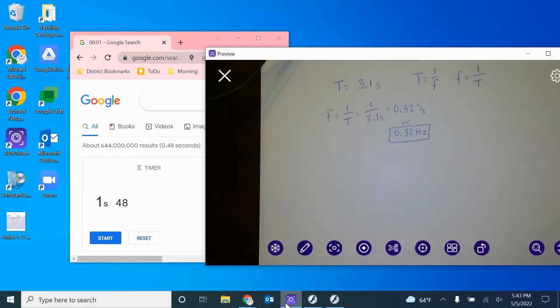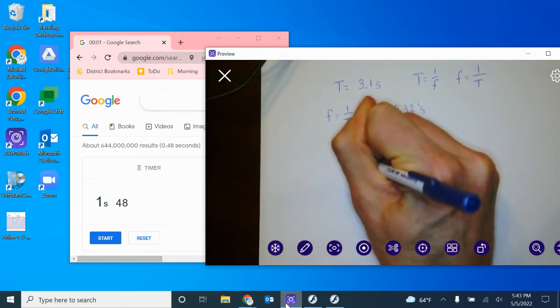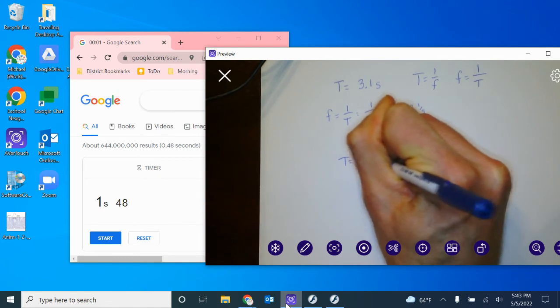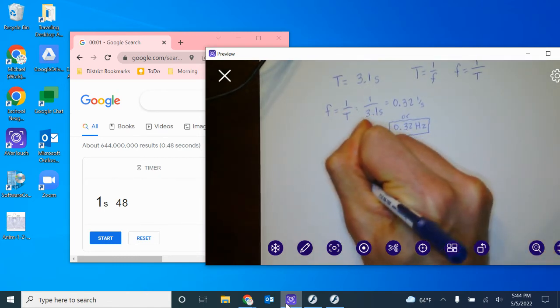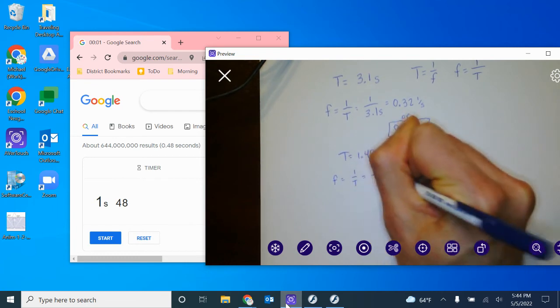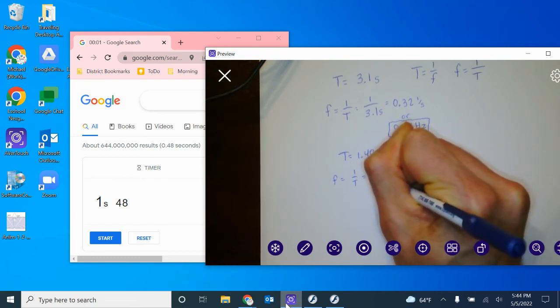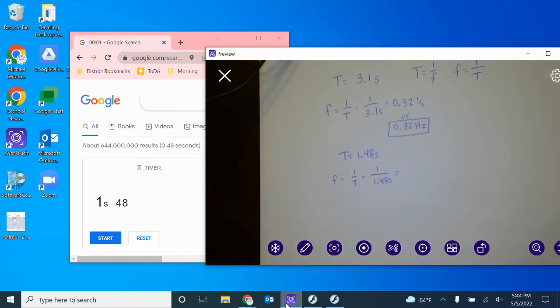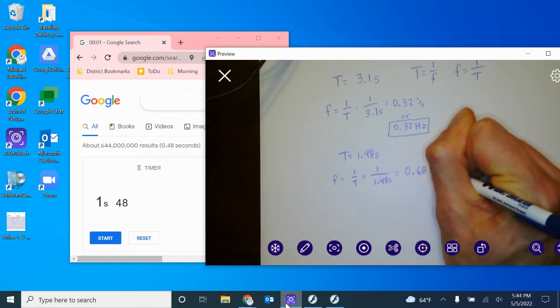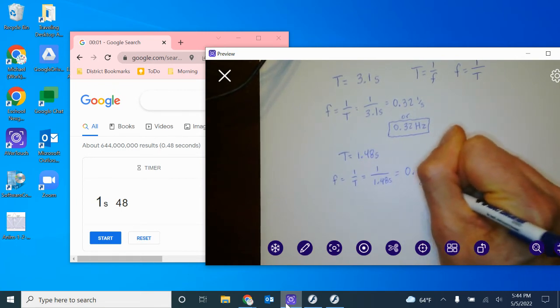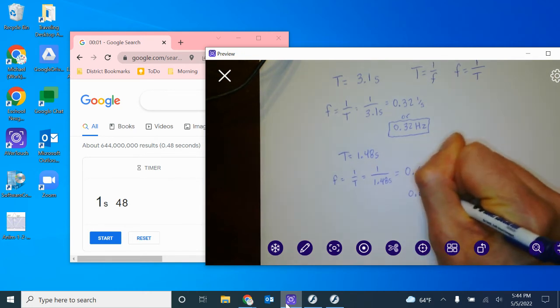Let me pull out my drawing pad. If I want to figure out the frequency here, it is 1 over T, which is 1 over 1.48 seconds. And my calculator, 1 divided by 1.48 is going to be 0.68 1 over s, or 0.68 hertz.